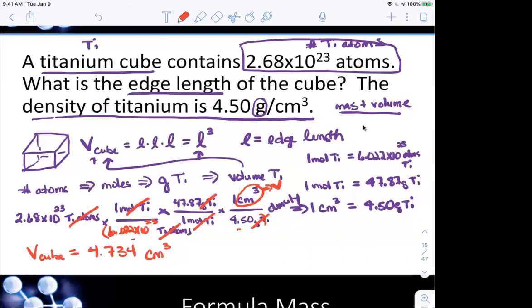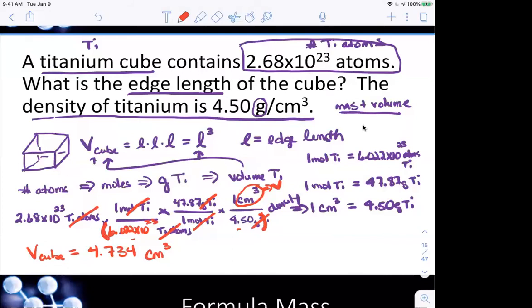What you won't get correctly is if you do the top and get an answer, and then divide by Avogadro's number and then multiply by 4.50. That will not give us the right answer. I'd have to divide by the product of 6.022 times 10 to the 23rd times 4.50. So I have to make sure I'm entering the order of operations correctly in my calculator. So pay attention to that if you're not getting the correct answer.